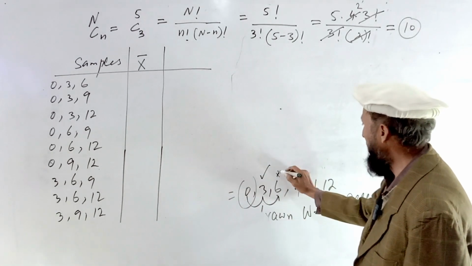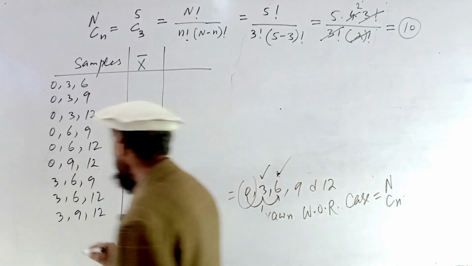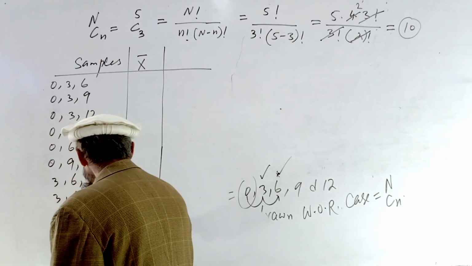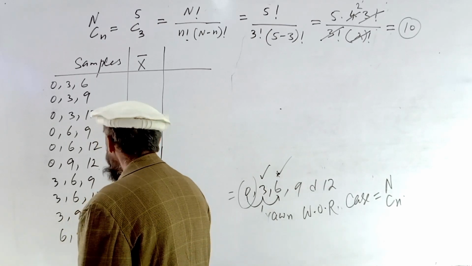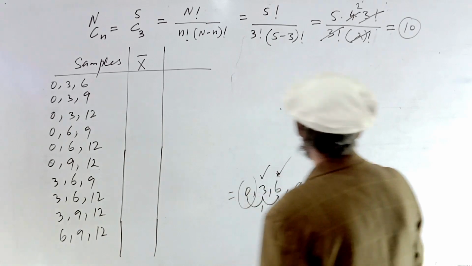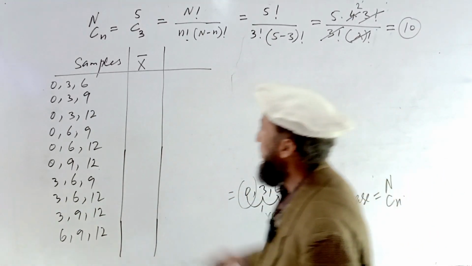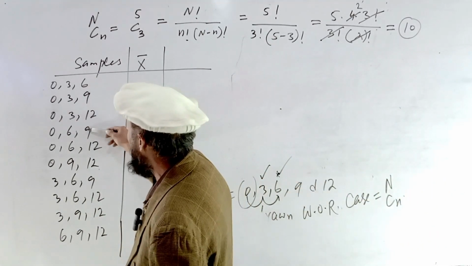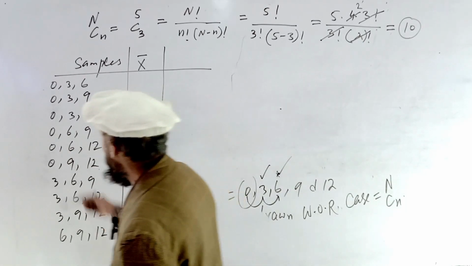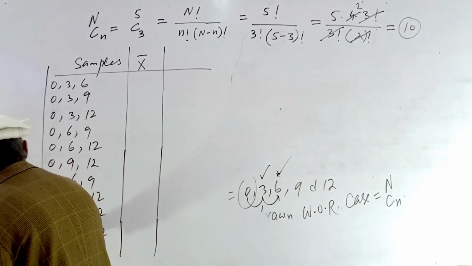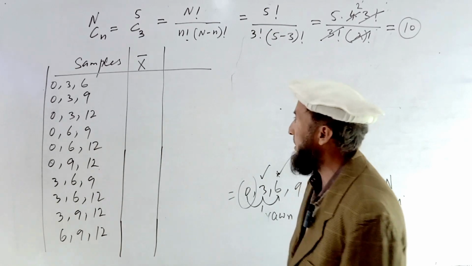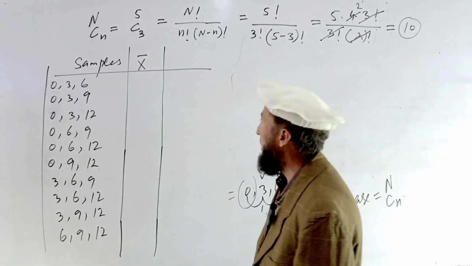Similarly from 6: 6, 9, 12. These are all 10 possible samples in the without replacement case, and we also find the means.